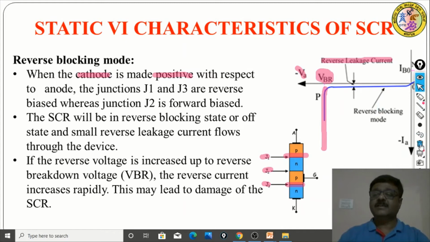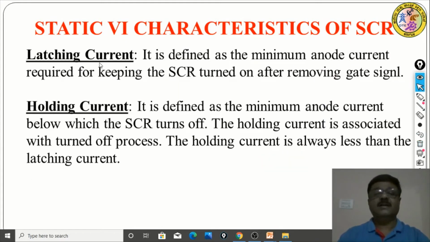Next, let us see what latching current is and what holding current is. The latching current is defined as the minimum anode current required for the SCR to keep it in the turn on position even after removing the gate signal. If I want the SCR to conduct without a gate signal once it has started conducting, then its anode current should be more than the latching current.